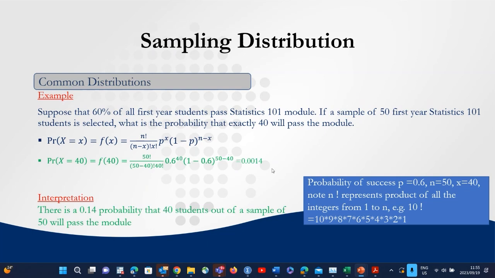Then you get this probability: the probability that 40 students out of the sample of 50 will pass the module. This is just more information to help you understand the formula.